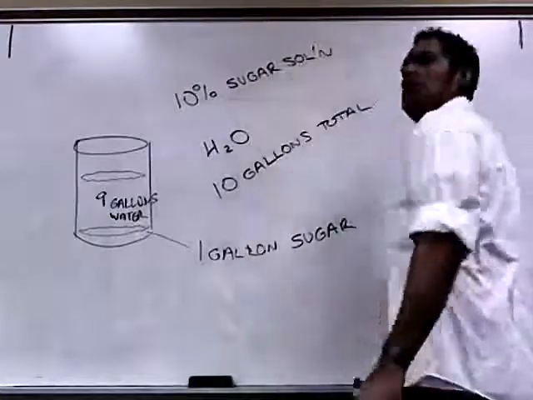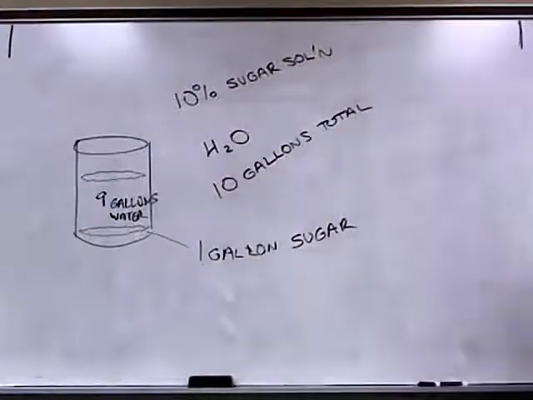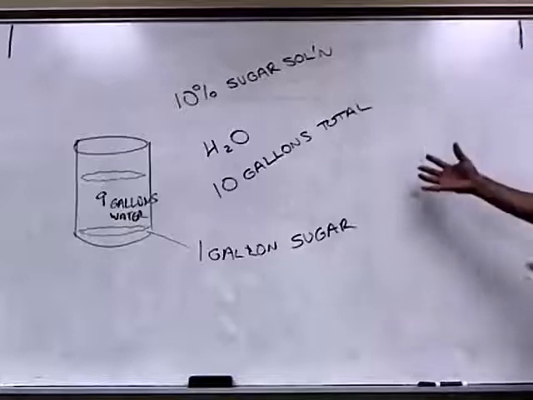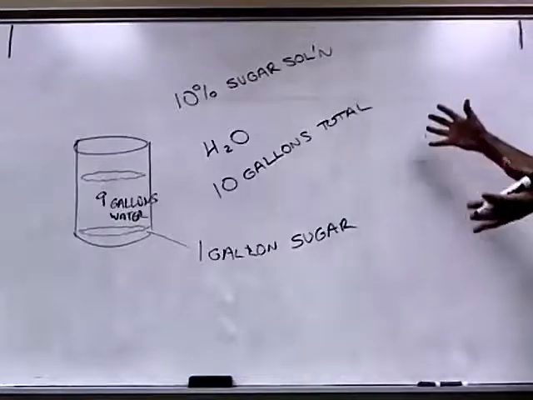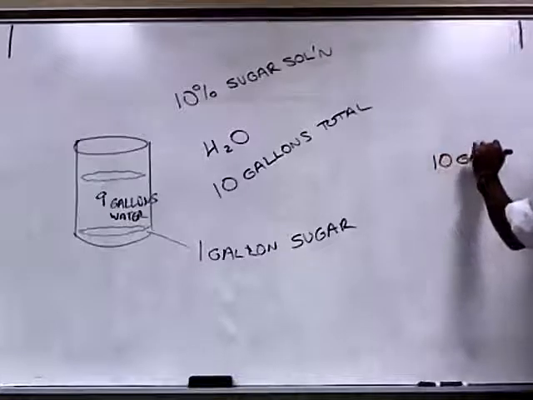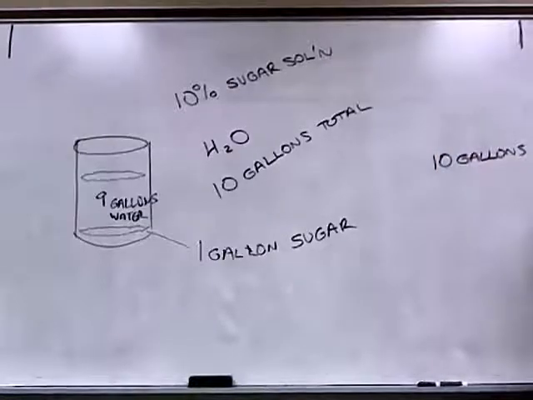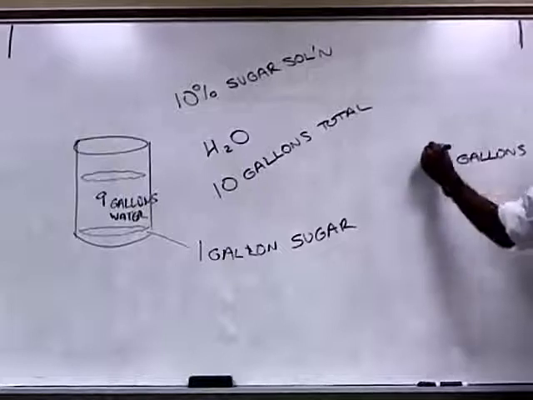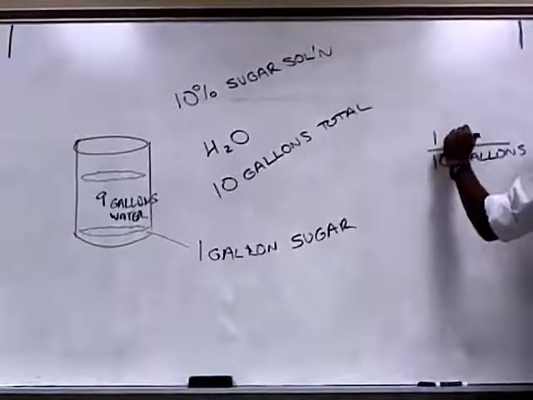What do I mean by that? Well, how much total is there in there? How much total everything? How many gallons? There's 10 gallons total. How much of it is sugar? 1 gallon.